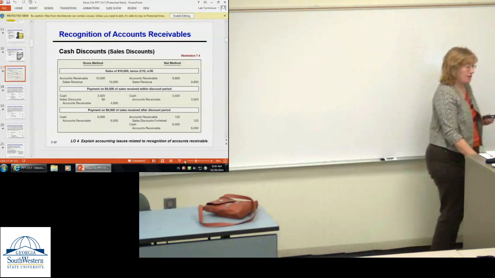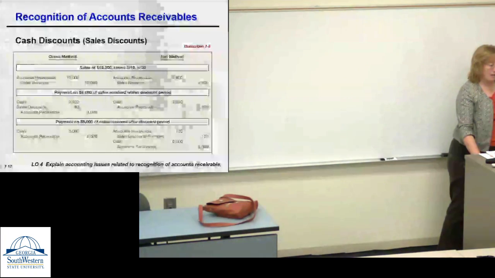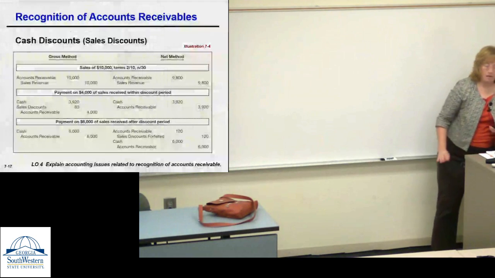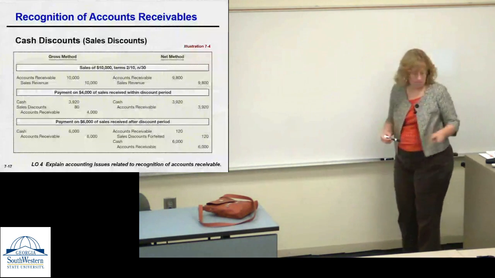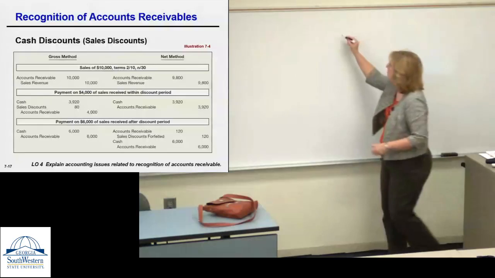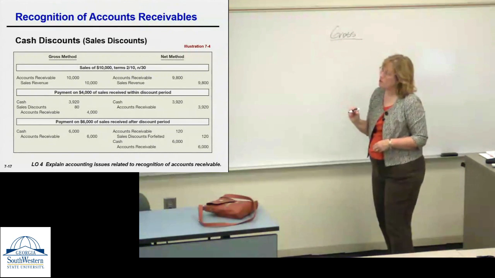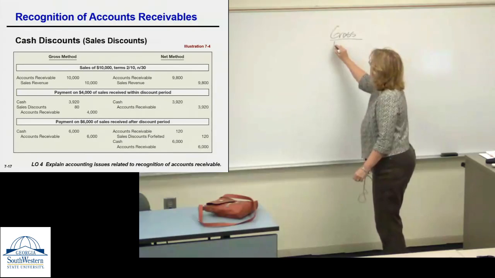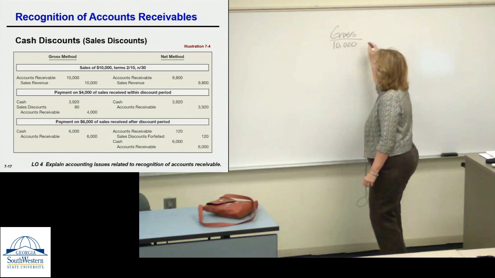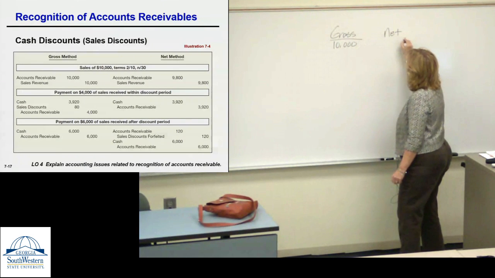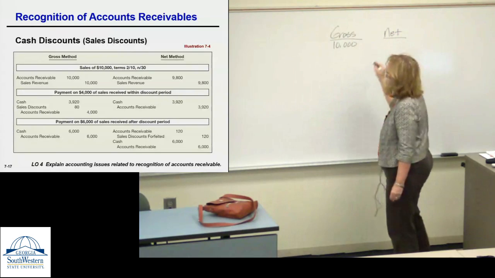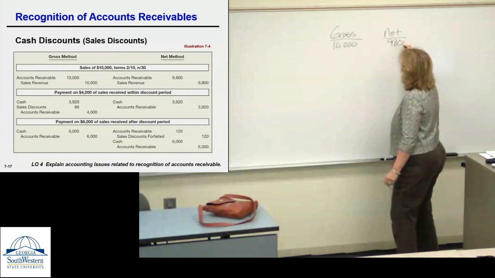Okay, so under the gross method, the sale is recorded at the gross amount, which in this case is $10,000. And under the net method, it's recorded at the net amount, which in this case is $9,800.